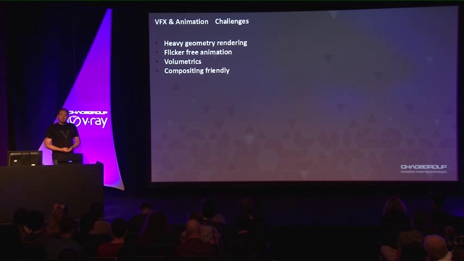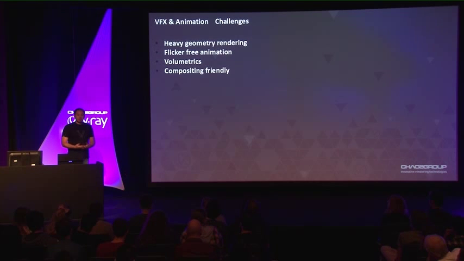Also, there are volumetric effects that are going to be rendered in our shot. We have an explosion later, which I'm going to show in just a couple of seconds. These are pretty heavy things to render, and that's also a difficult challenge. And it has to be compositing friendly, since the output of the rendering goes straight into the compositing pipeline.